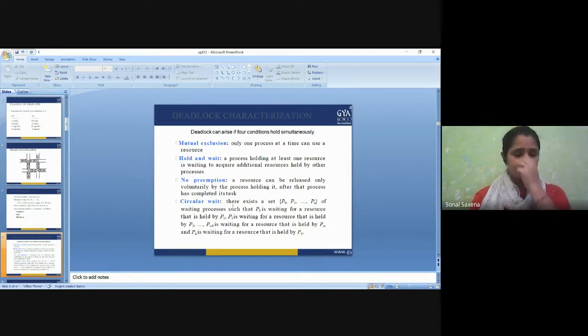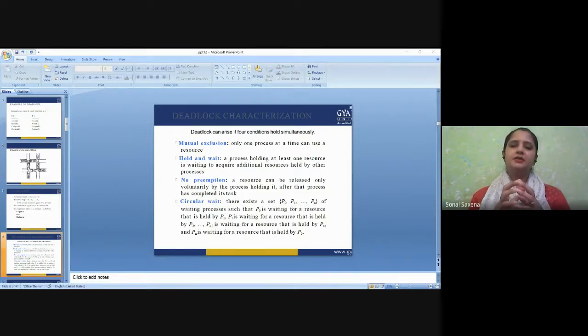Now the next condition by which you can characterize that yes, the deadlock has occurred inside your system is the hold and wait condition. Now, what is hold and wait? See, in this condition, processes hold single or multiple resources while simultaneously waiting for one or more other resources. Hold and wait simply means that a first process is already holding some resources it requires to get executed.